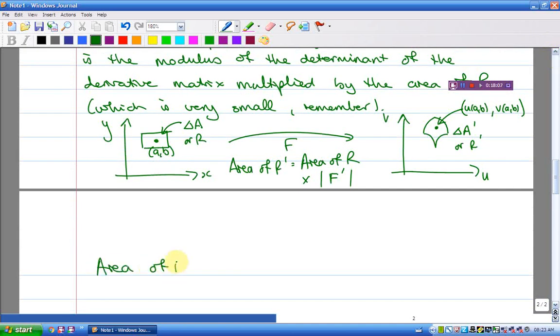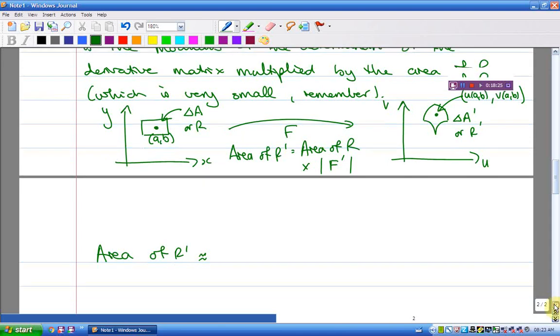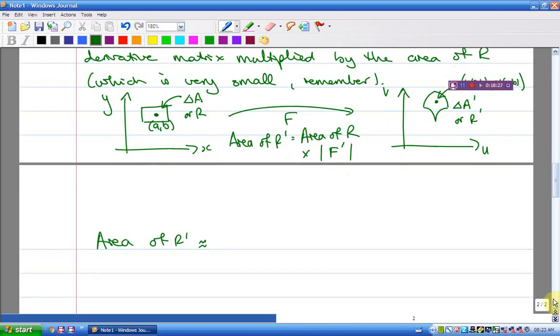Area of R dash is approximately equal to, okay, all right, now I'm going to have to use some nice bright colors. What contrasts nicely with green? Did somebody just say white? Pink, yes. Okay, pink probably will.